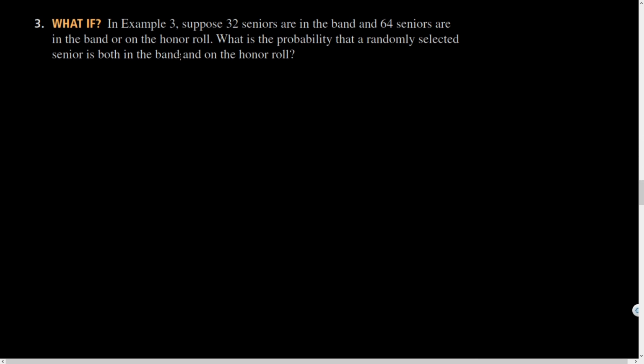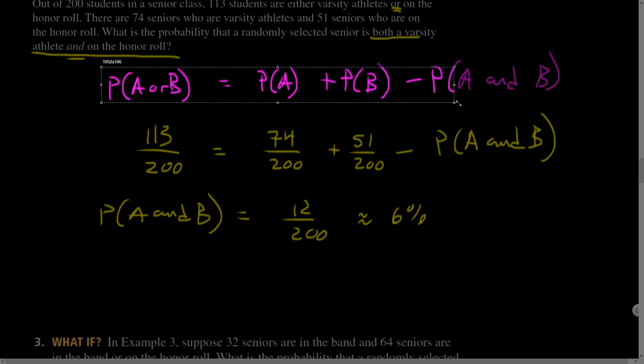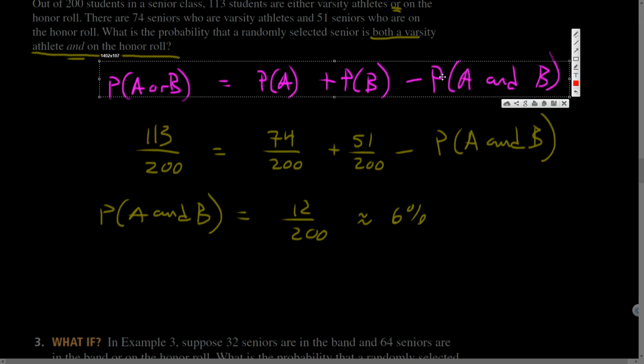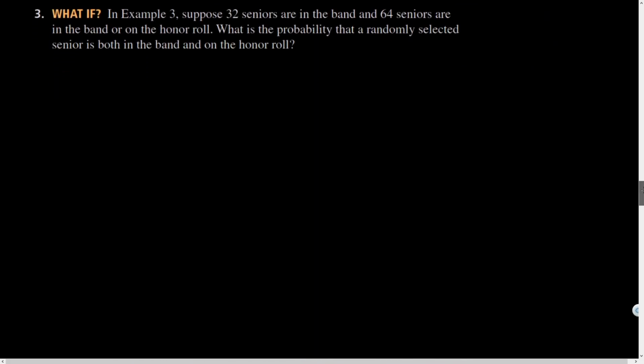Okay, here we go. In example 3, suppose 32 seniors are in the band and 64 are in the band or on the honor roll. Okay, so it sounds like it's going to be the same exact setup. Oh, no, my screenshot trick was actually not helpful.